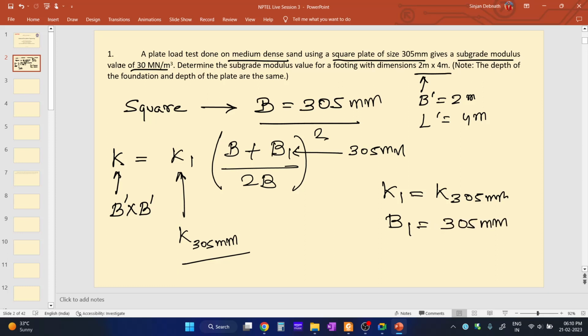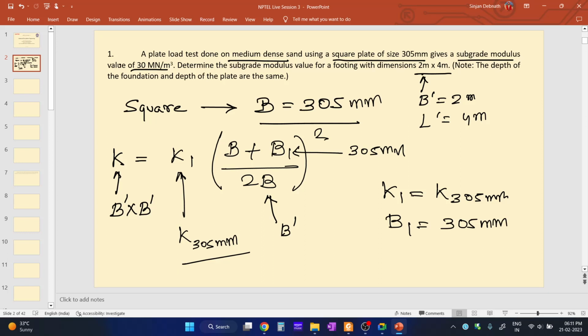Okay, so what is B? B is B dash actually. That means we are incorporating the size effect. Suppose we find out the subgrade modulus using a 305 millimeter square plate. We are extrapolating that value to 2 meter by 2 meter, not 2 meter by 4 meter. I will come to how to incorporate the shape effect.